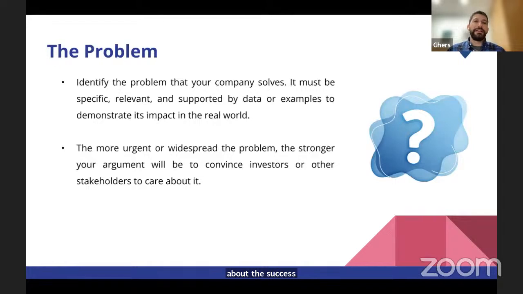So the problem: it is very, very important that you have clearly identified the problem that your company is solving. It must be specific, relevant, and supported by data or examples to demonstrate that it is an impactful problem that needs solving in the real world. The more urgent or widespread the problem is, the stronger your argument to convince investors or any other kind of stakeholders to care about this problem.